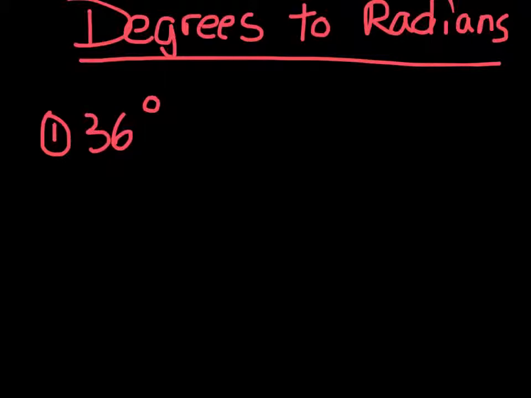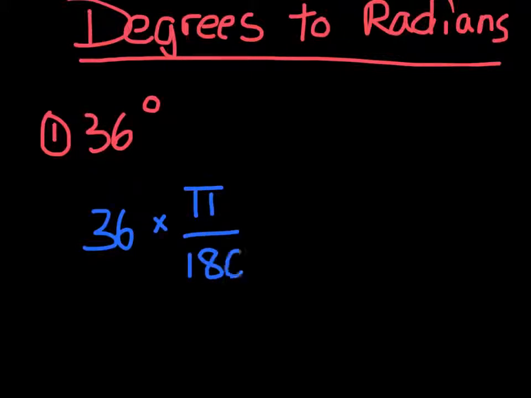So 36 degrees, and we want to go to radians. Our formula says to go from degrees to radians, we multiply by pi over 180. This leaves us with 36 pi over 180.